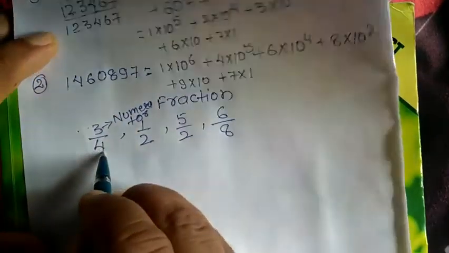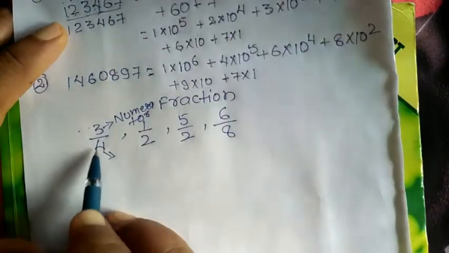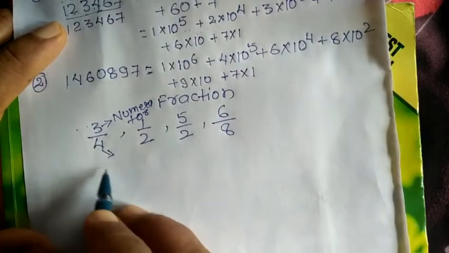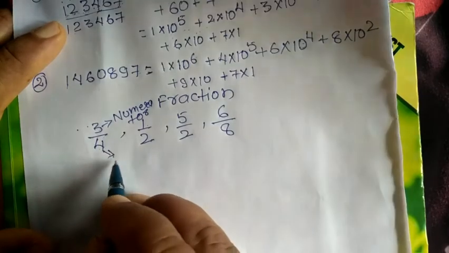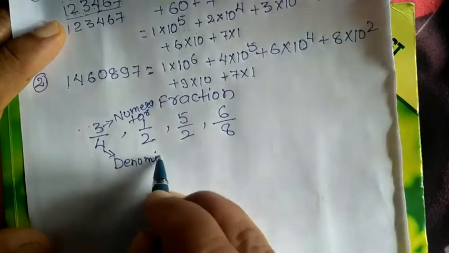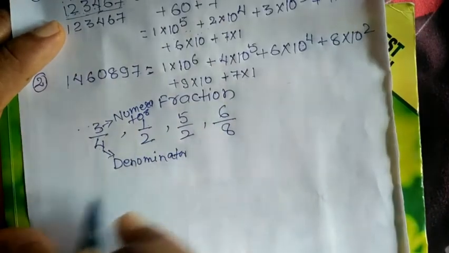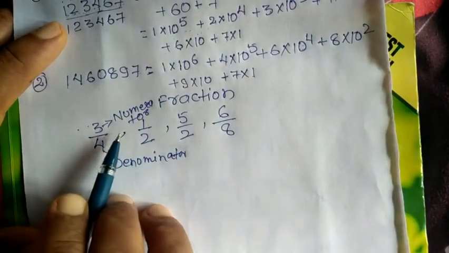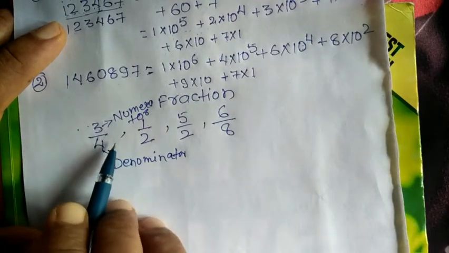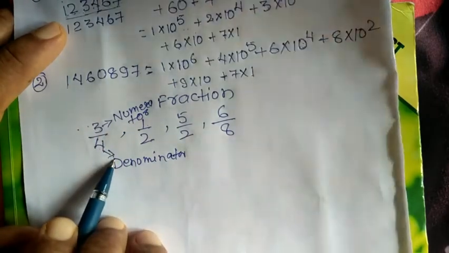And the number or digit written below the line segment is called the denominator. Correct? Now see, a fraction has two parts, numerator and denominator.